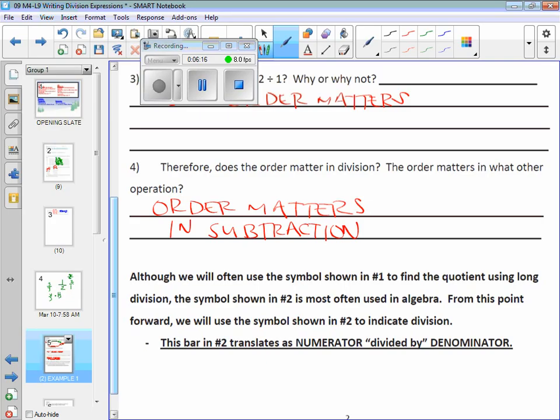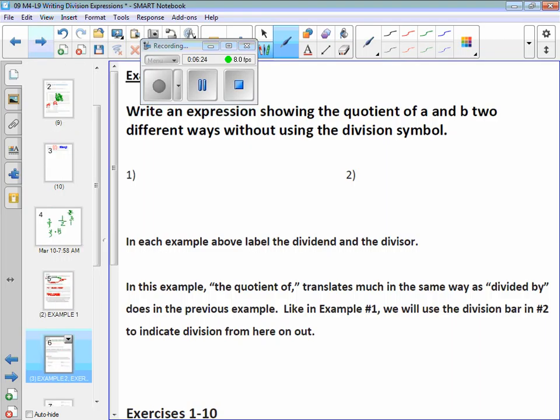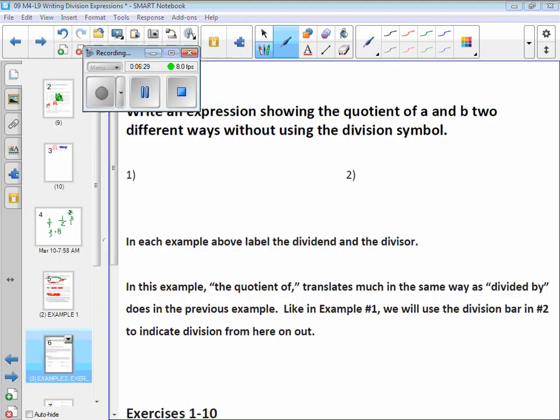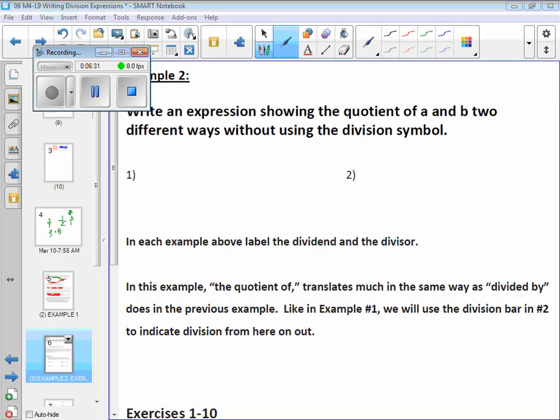So the bottom part of this just explains that we're going to be using that fraction bar exclusively throughout. Let's flip. We also can use it for this. How would you write the quotient of A and B? And again, we can do it 2 different ways. We start with the fraction bar.